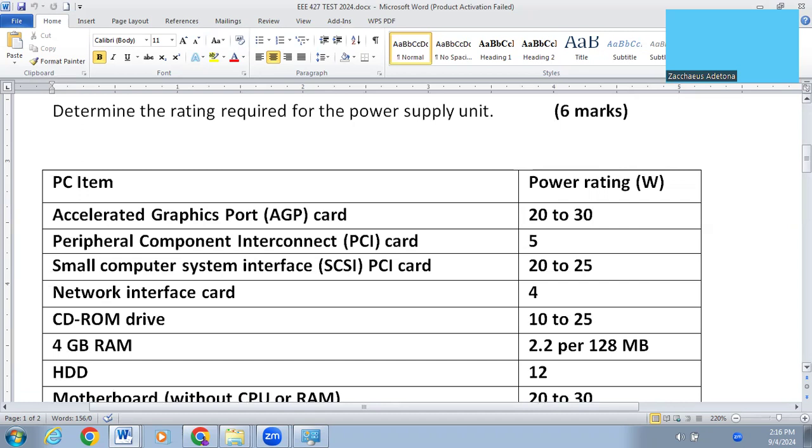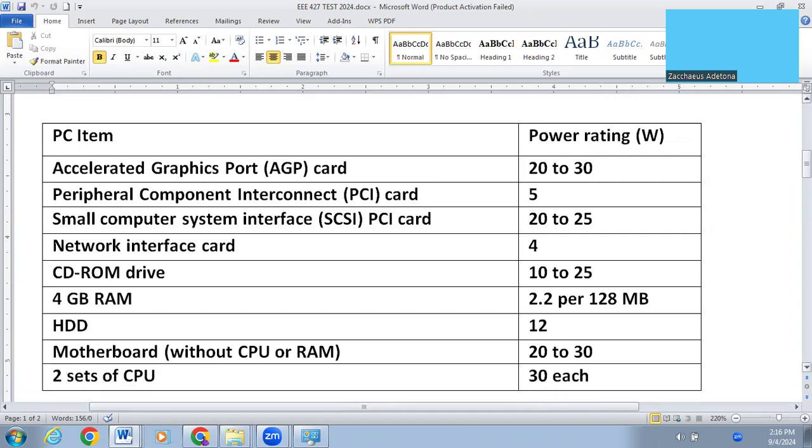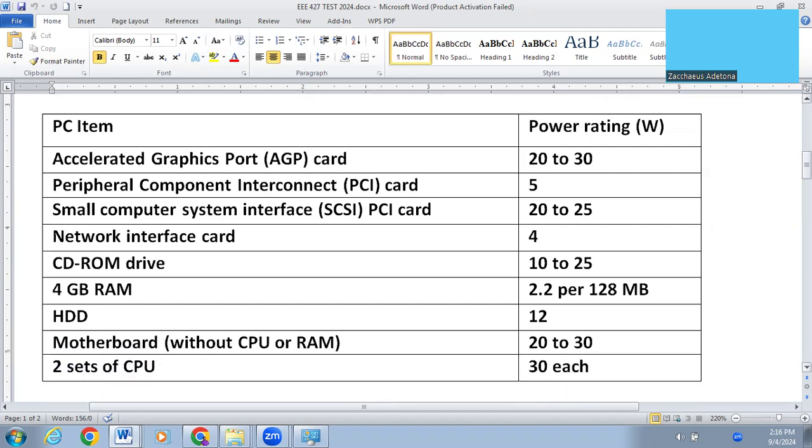So we have the table, we have the computer items and their power rating. We have the AGP card, 20 to 30 watts, the peripheral component interconnect card, 5 watts, small computer system interface, 20 to 25, and then network interface card, 4 watts, CD-ROM drive, 10 to 25 watts, the 4 GB RAM, 2.2 per 128 MB.